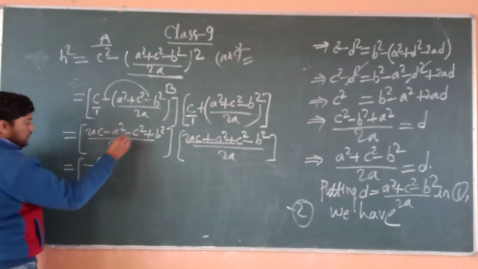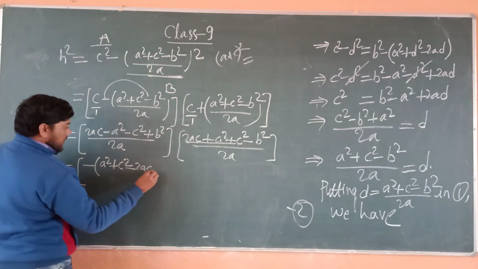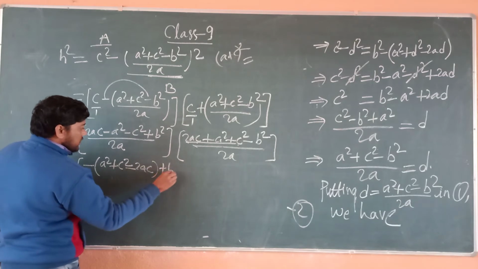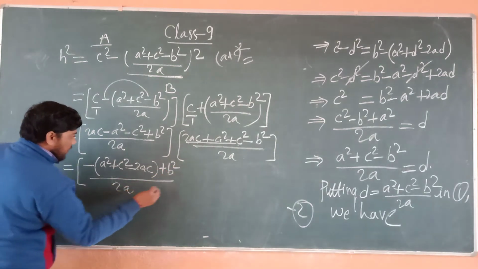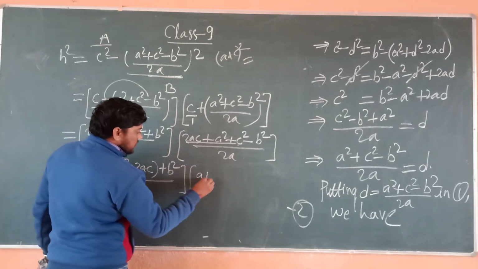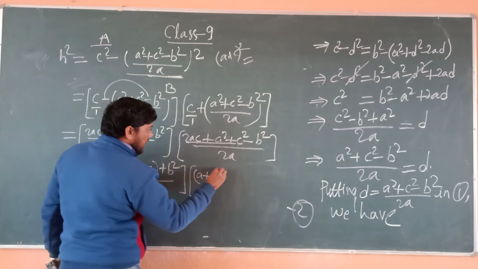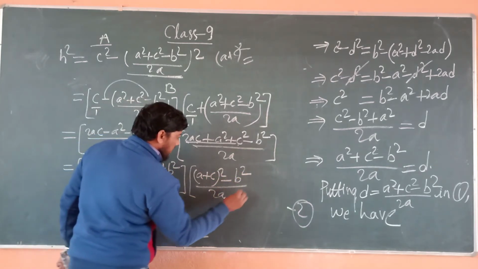Then it is b square minus (a square plus c square minus 2ac) upon 2a, and (a plus c) to the whole square minus b square upon 2a.